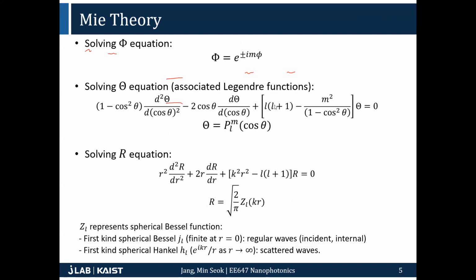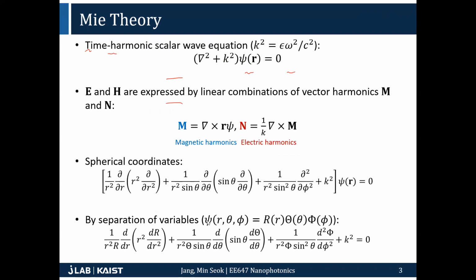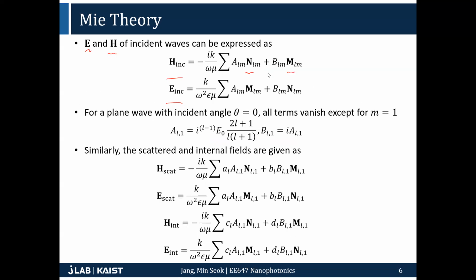Once you have the psi function, by taking the curl of it, and then the curl of M, you get the M and N vector fields. Taking the linear combination of those, you can express the H field and E field of the incident wave. And then you can do a similar thing for the scattered field and internal field.